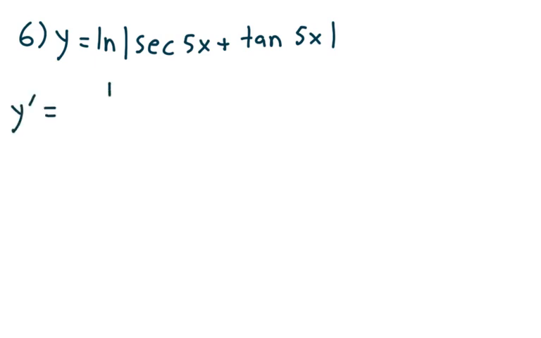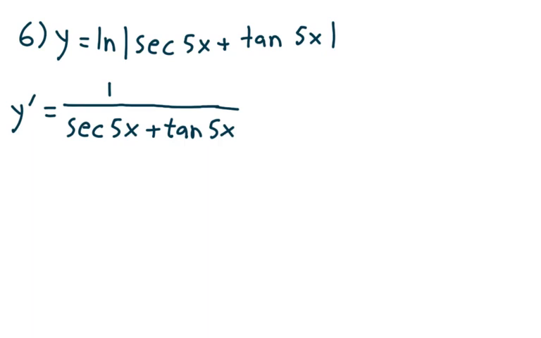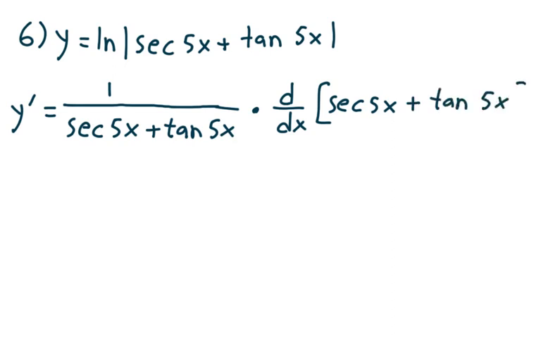So I'm going to take 1 over the inside function, which is 1 over secant 5x plus tangent 5x. And I'm going to take that and multiply by the derivative of the inside function. And the inside function is secant 5x plus tangent of 5x, like so.